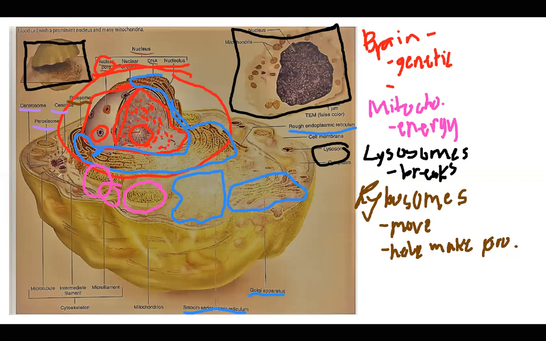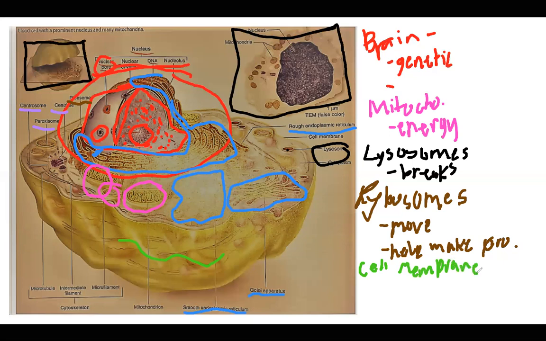So protein is so important in the cell because it both helps the cell make energy, and protein is also what almost everything in the whole cell is made of, like the cell membrane. So the cell membrane is the skin of the cell.